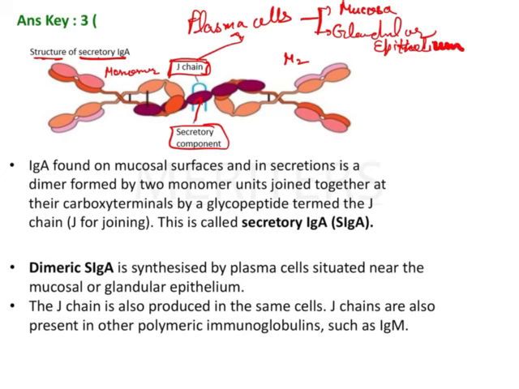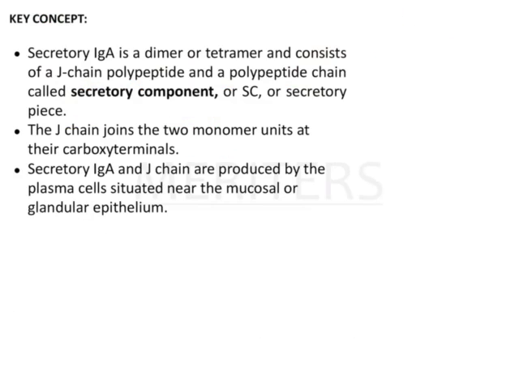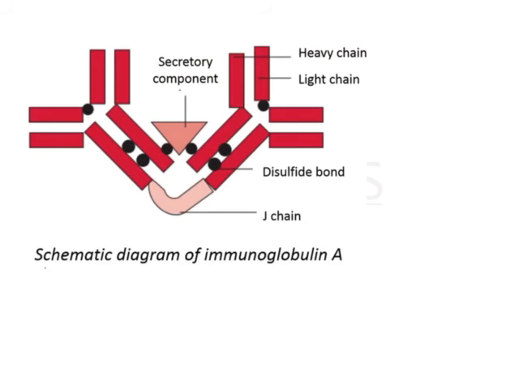Okay. Now, another very important thing about IgA: we have to know the schematic diagram of this particular thing. Here you can see this is the J chain, this is your Y-shaped immunoglobulin A. This one is your heavy chain and the smaller one is your light chain. These heavy chains are joined with each other with the help of two disulfide bonds.